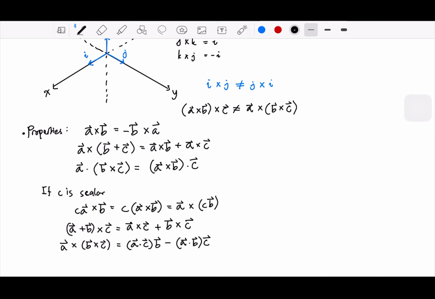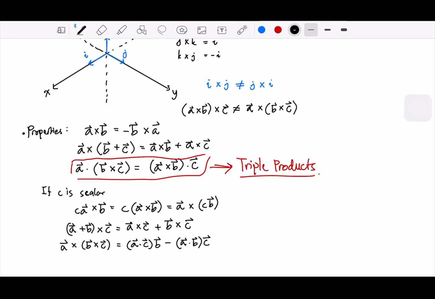And sometimes we call this property the triple product. Or to be precise, this is a scalar triple product.